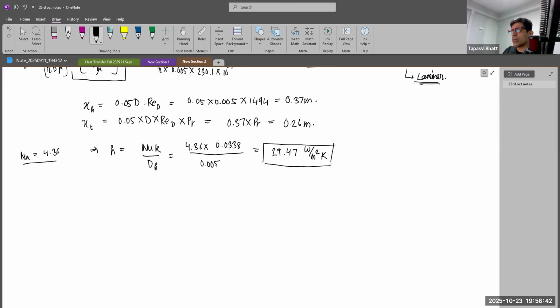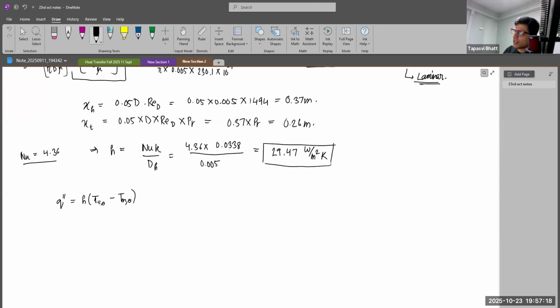You can define the q dot in two ways. One is you use Newton's cooling law, in which the heat flux is h times T_s at the outlet minus T mean at the outlet.